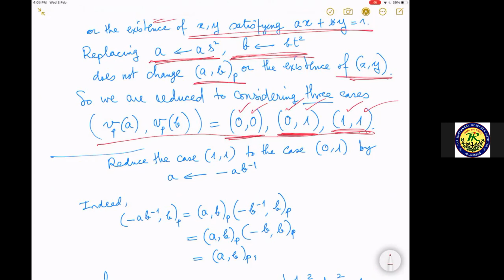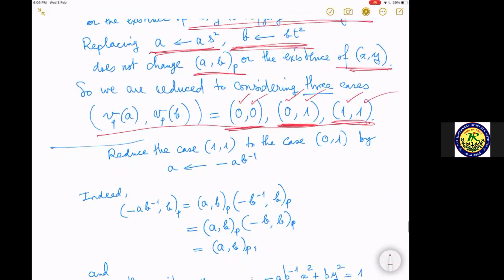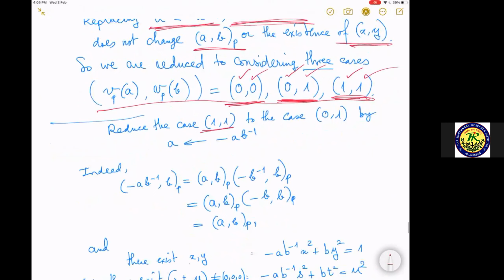Okay, so in fact, we can reduce the case when both of them are uniformizers to the case when one of them is a unit and the other is a uniformizer by this substitution. You replace A by minus A times B inverse.